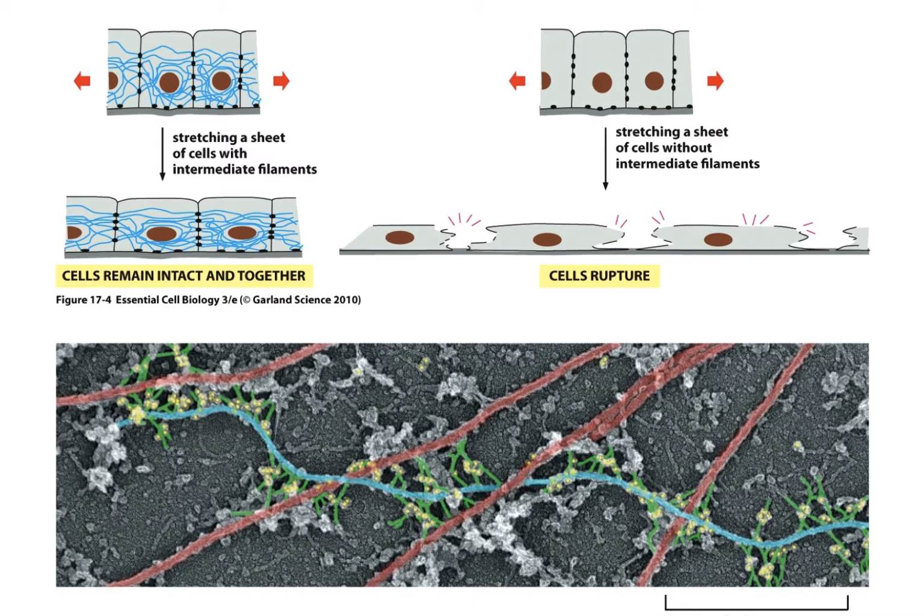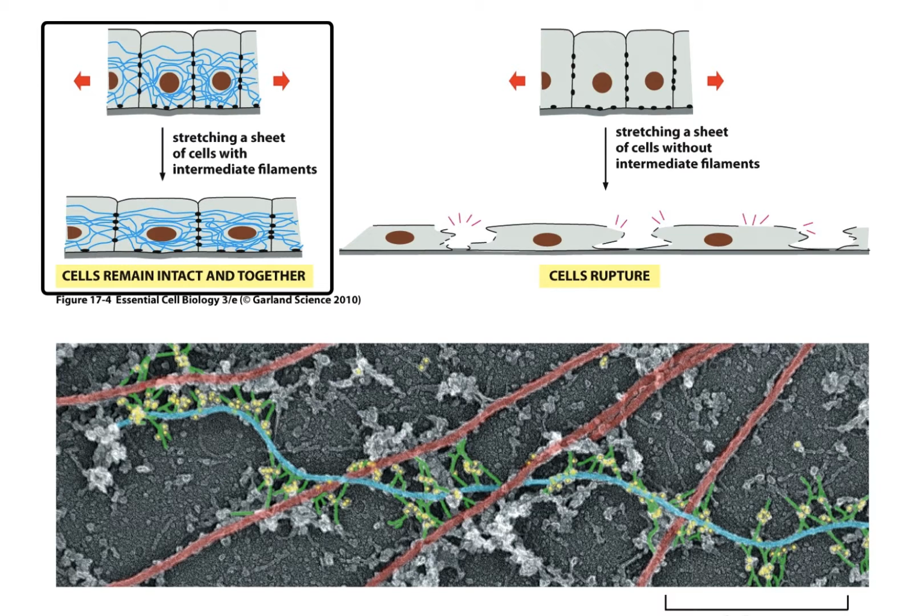Many of the intermediate filaments act sort of like rubber bands in that they're somewhat flexible, so that they allow cells and tissues to stretch and not break. So here, if you have cells here, if you have the intermediate filaments intact and stretch the cells out, they actually provide some force to hold those membranes together.